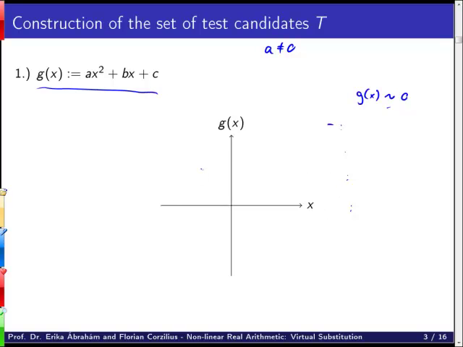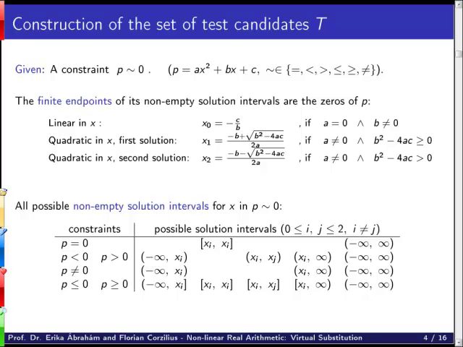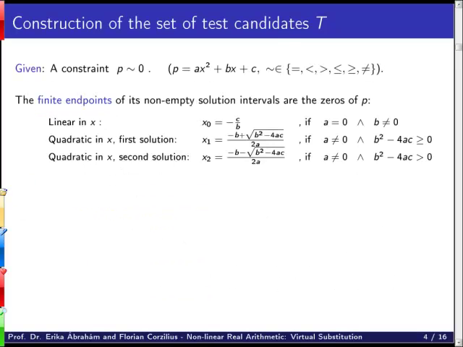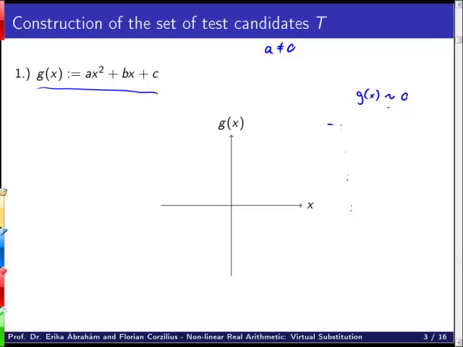So if a is not 0, and let's fix that c is greater than 0. Now, what kind of function is it now? Is the parabola above the x-axis? Exactly.